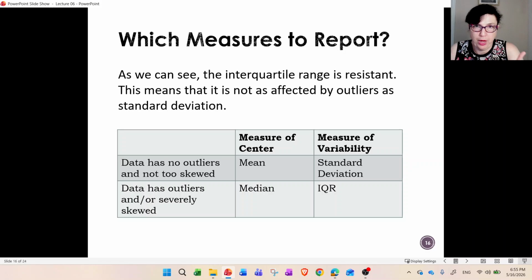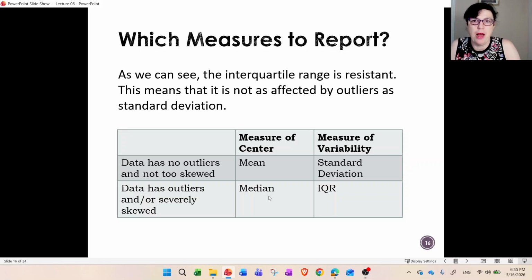Because if you have no outliers, it can be shown that the mean and standard deviation are slightly better measures, and they're unbiased, okay? They're good measures, right? However, if the data does have outliers or extreme observations, or is severely skewed right or left, then the recommendation is to use the median for the measure of center and the interquartile range for the measure of variability.